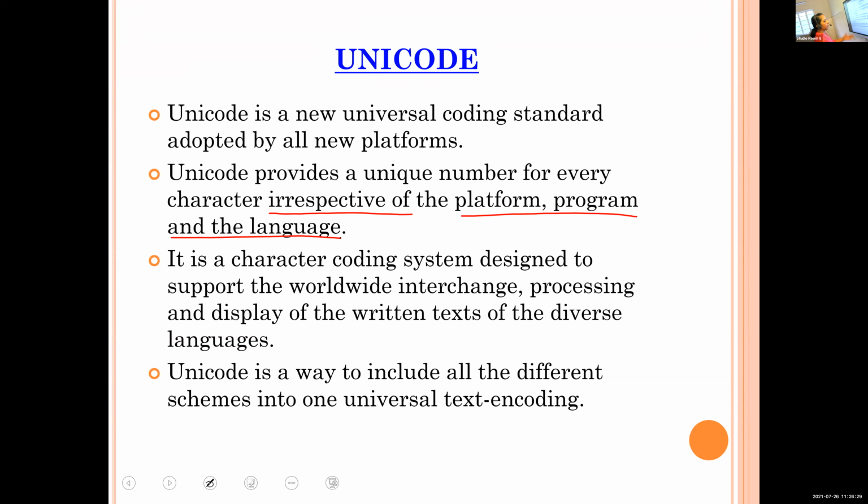Language means just like our Python language or C++ language; any programming language we can use.